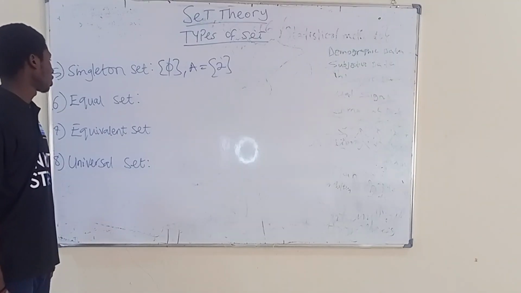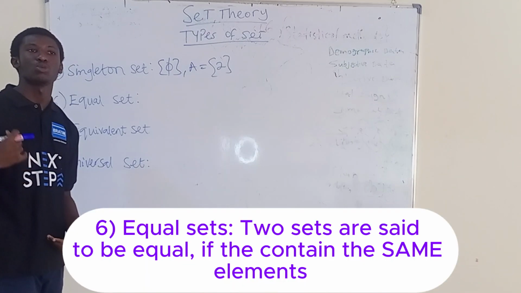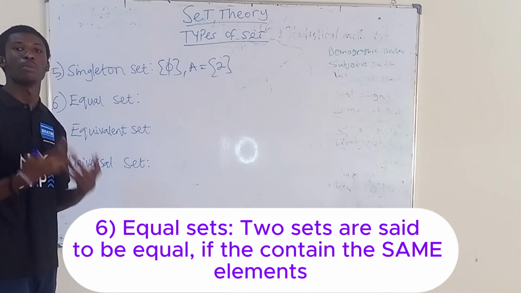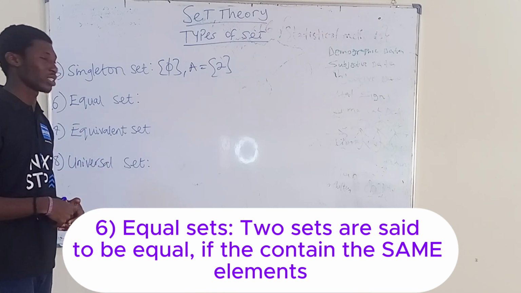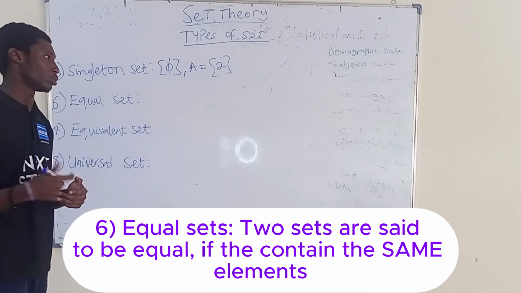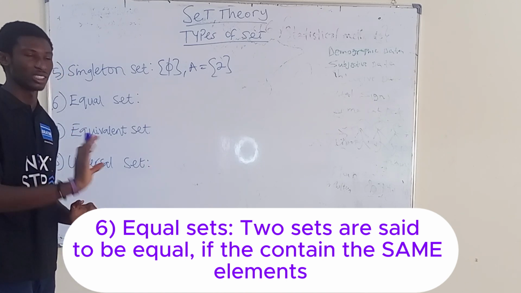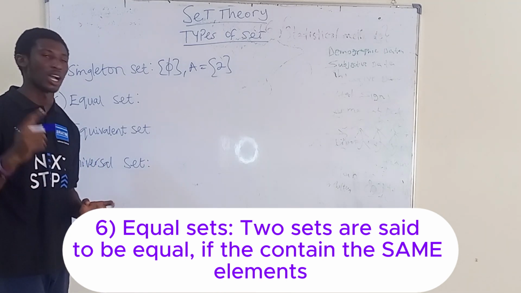Next one will be your equal set. Two sets are said to be equal if they contain the same members or the same elements, irrespective of their arrangement.